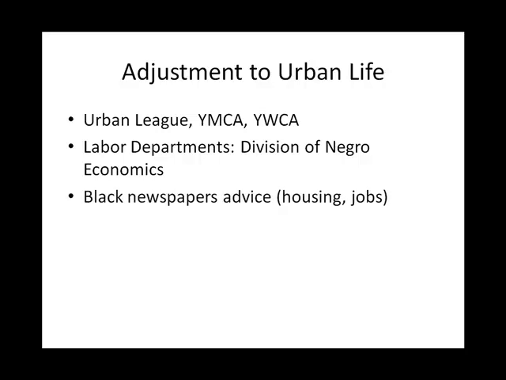Black newspapers offered advice on housing and on jobs, and indeed some people who were planning the migration often wrote to newspapers like the Chicago Defender for help even before they, in a sense, got on the road. Black organizations, particularly black women's clubs, also assisted the new migrants.